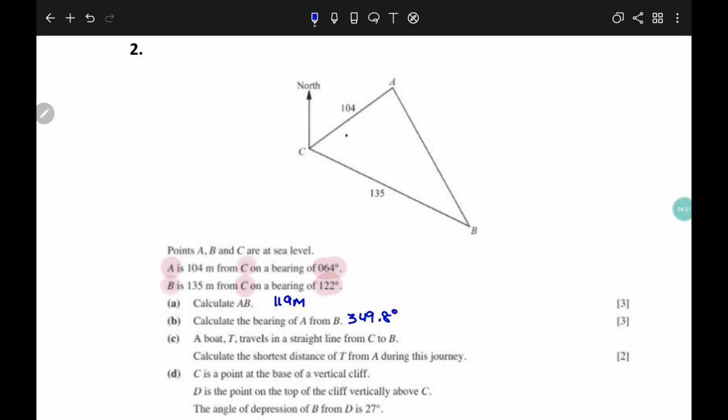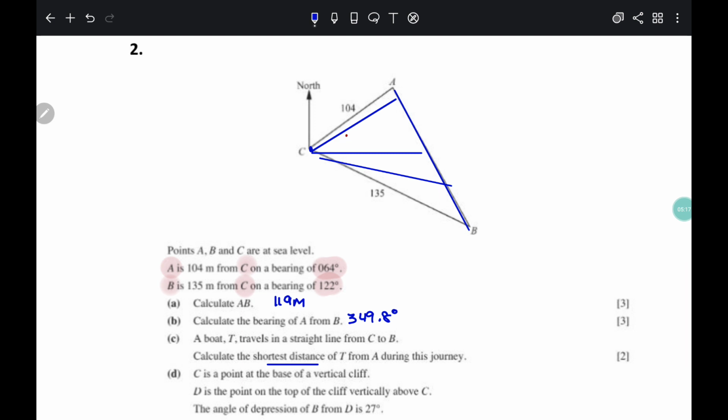Part C. A boat T travels in a straight line from C, all the way towards the line AB here. If it travels in a straight line and you are calculating the shortest distance, the straight line cannot be just any random straight line like that.